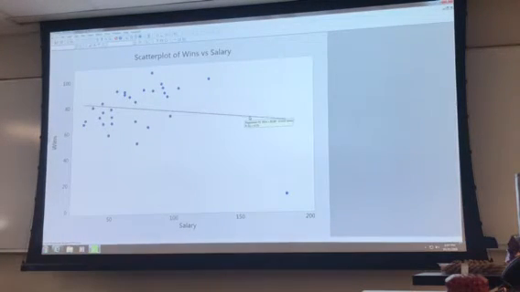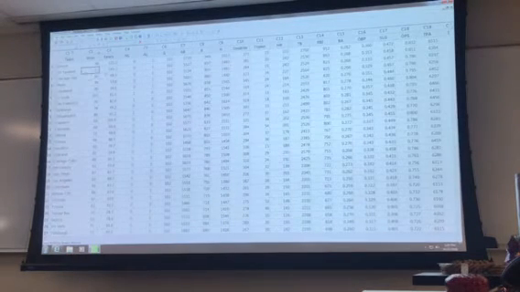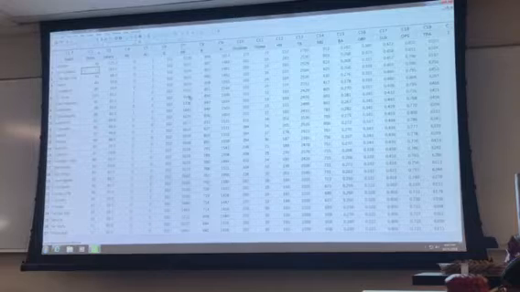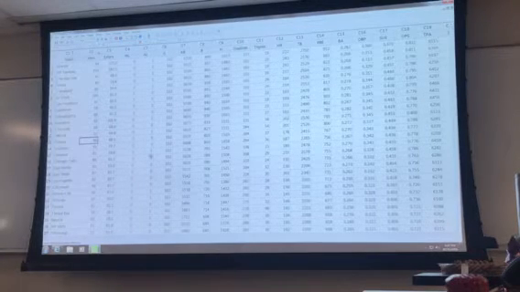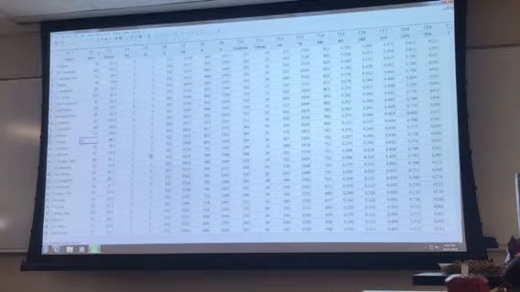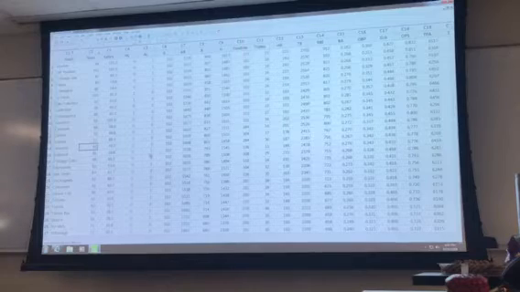On the other hand, I'm going to go back to my data sheet here for a second. 101, is that the Yankees? Yes, 101. Let's change that back to 101 and let's pick the Braves. They were kind of in the middle of the pack in terms of salary. Let's say the Braves only won 11 games. And if you're a Braves fan, you swear there were years they only won 11 games. Let's change their win total to 11.